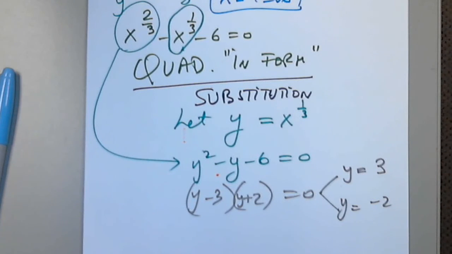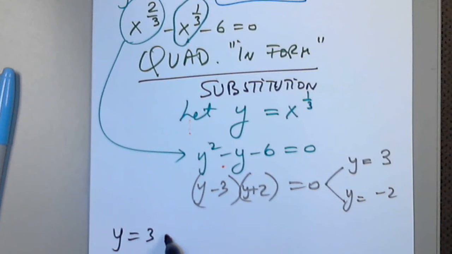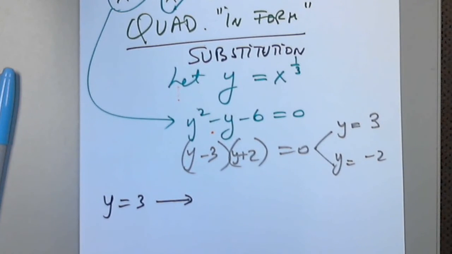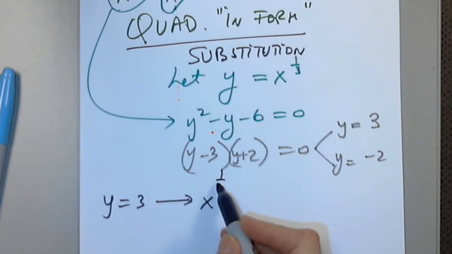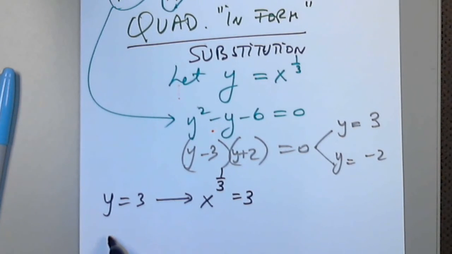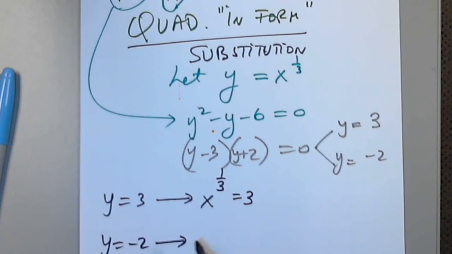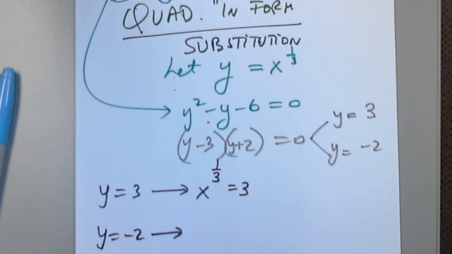So we have to go back and solve for x. So y equals 3 really means what equation? x raised to power 1/3 equals 3. And then y equals -2. What equation does this mean? x raised to power 1/3 equals -2.